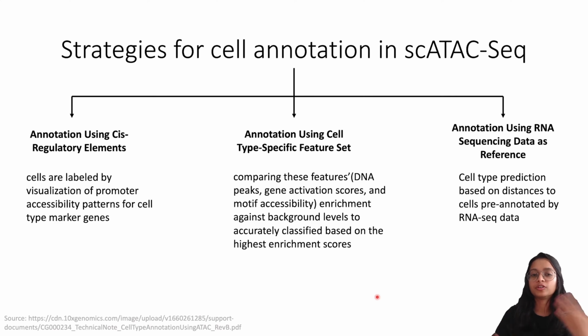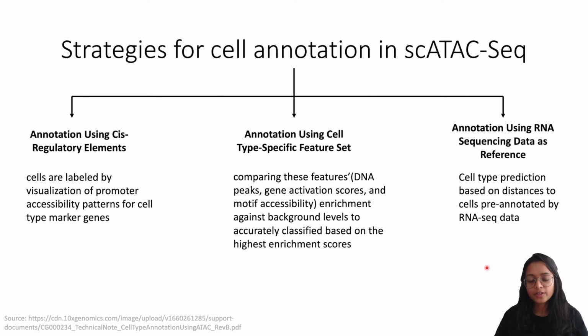To give you a further idea about this strategy, let's say we identify the top 200 peaks that were most enriched in each cell type, and we compare this enrichment with the background to make sure that these identified top 200 peaks are truly specific for each cell type. And then we look for the enrichment of these peaks in all the cells and identify the cells with the highest enrichment. The cells with the highest enrichment are of that cell type.